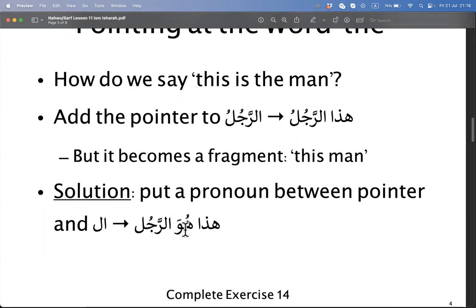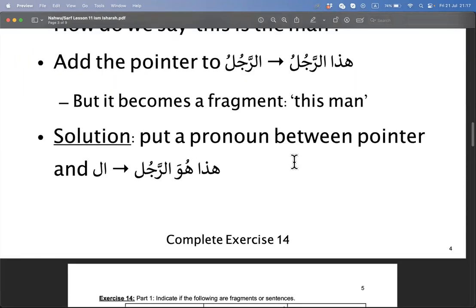So you put huwa here, and you get to keep the "the." If you don't put huwa, it becomes a fragment, just "this man." I don't want to say "this man." I want to say "this is the man." Clear?